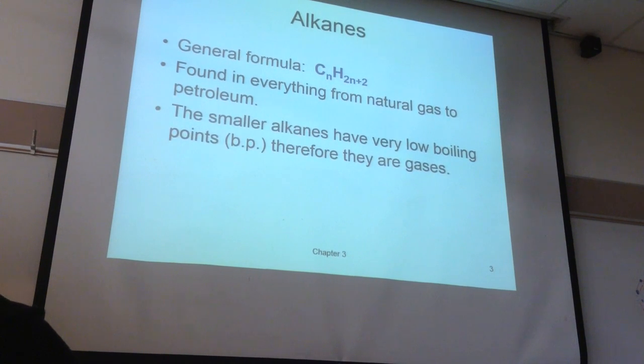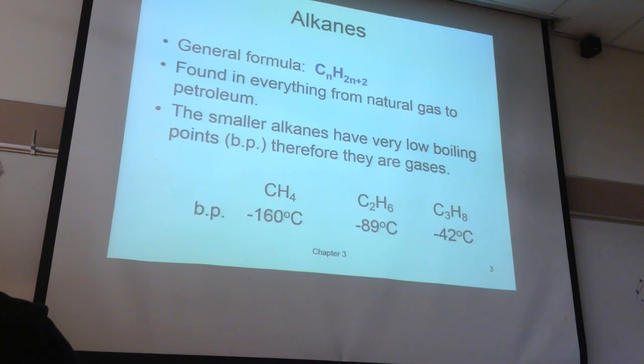The smaller alkanes have very low boiling points, and they're gases. I introduced to you the methane, the ethane, the propane. I don't memorize numbers, I don't know about you guys, but they're all gases at room temperature. The bigger the molecule, the higher its boiling point, even though they're still gases at room temperature.